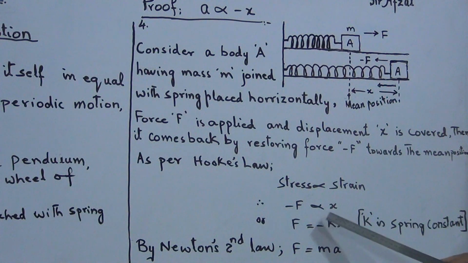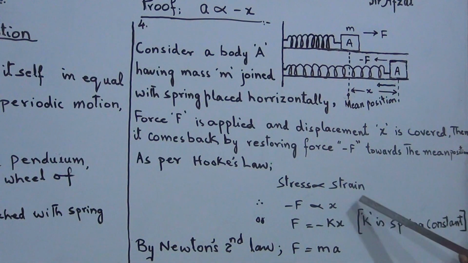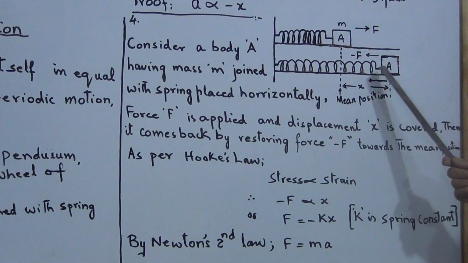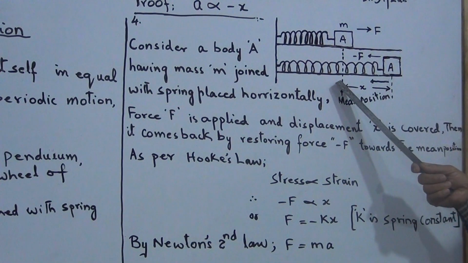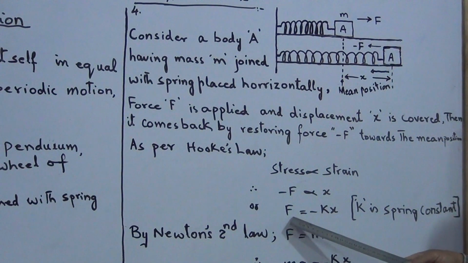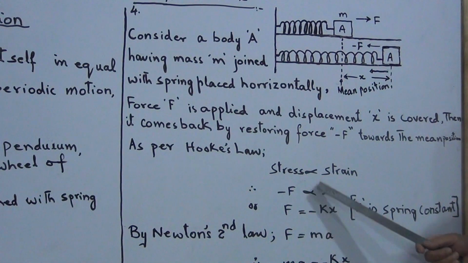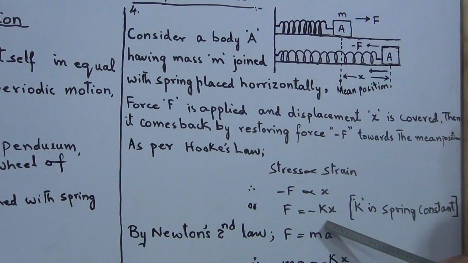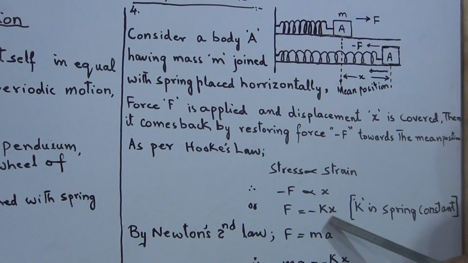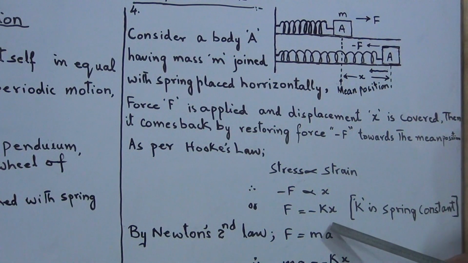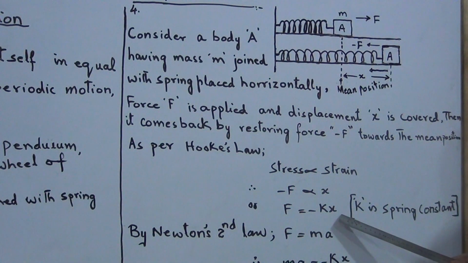Minus F is directly proportional to x because this force brings the body back towards the mean position, therefore its sign is negative. By removing the proportional sign, we place a constant k. It is also known as Hooke's constant, spring constant, or proportionality constant. So F is equal to minus kx.